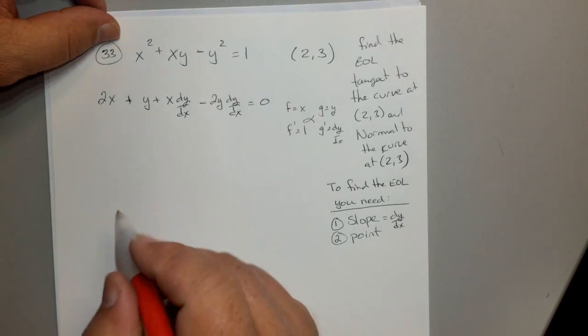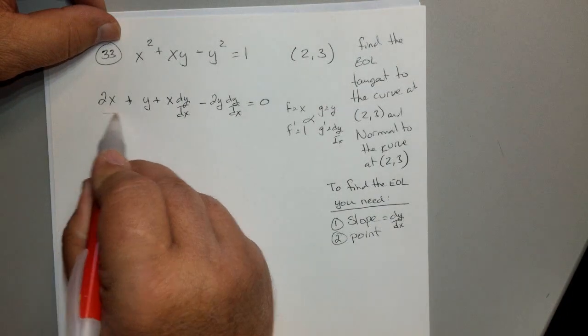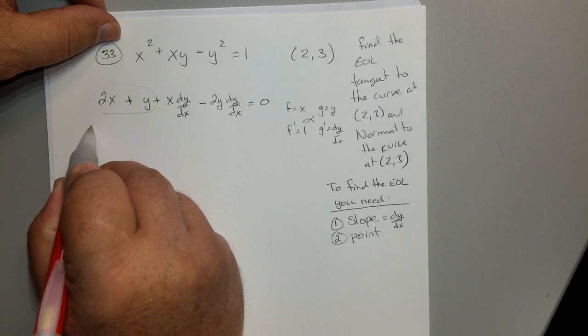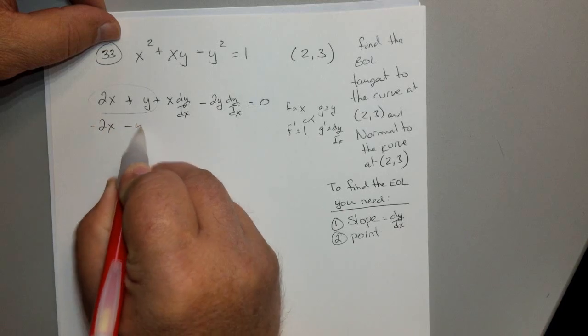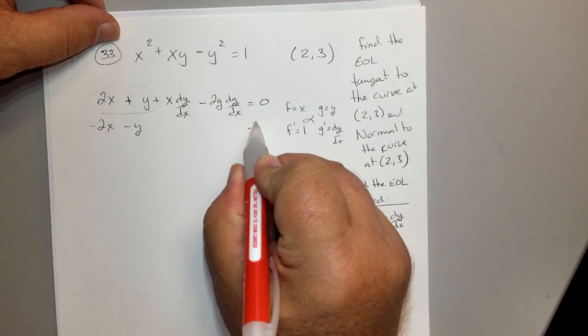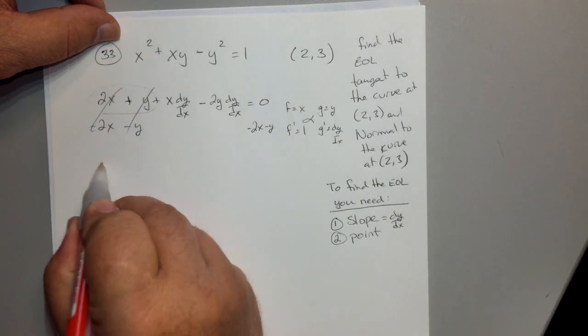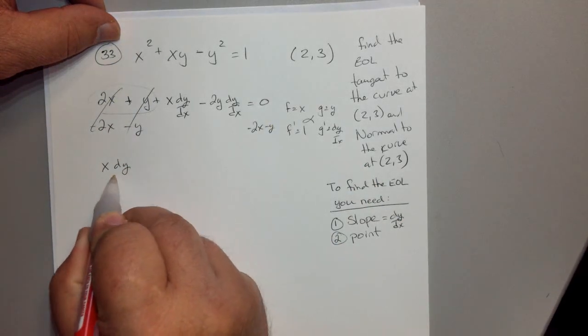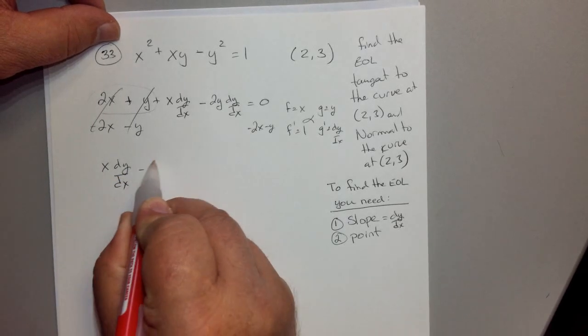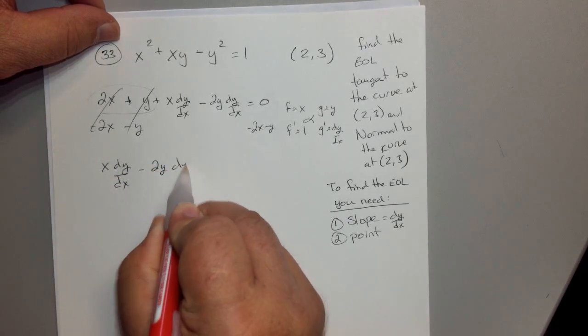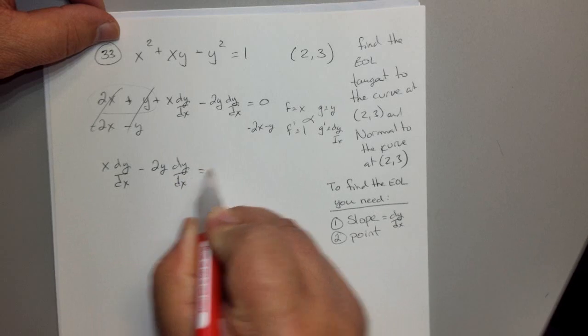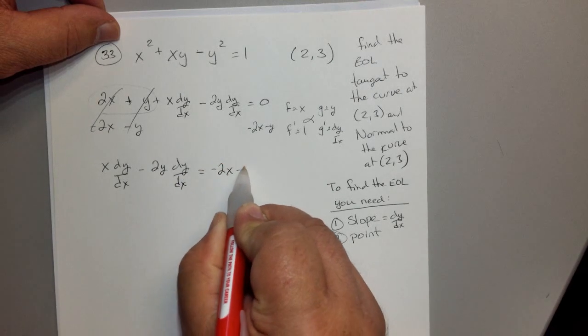So with that, get the non-dy/dx terms on the other side. Subtract 2x, subtract y from both sides. So x dy/dx minus 2y dy/dx equals negative 2x minus y.